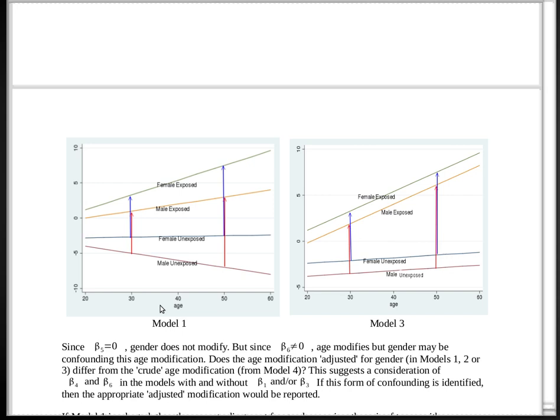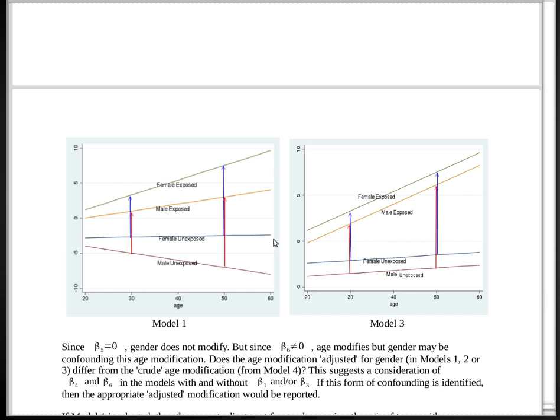Okay? Here what we have is an interesting scenario where for the men it's orange minus red, and for the women it's green minus blue. And while it might not be entirely clear here, there is no gender modification in this display.